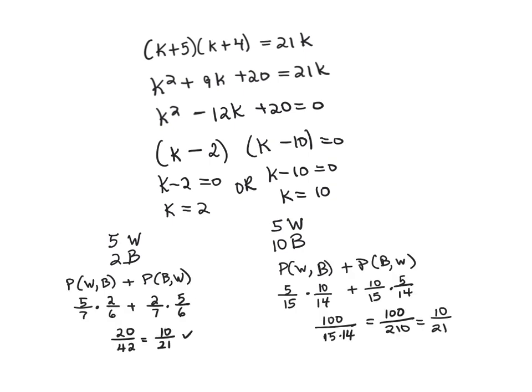So we figured out the probabilities of the first white, the second black, or the first black, second white in each of these possible cases, and they seem to work. They all come out to be a probability of 10 over 21. So the answer is that K can be 2 or 10, which is kind of different from what we've been doing.